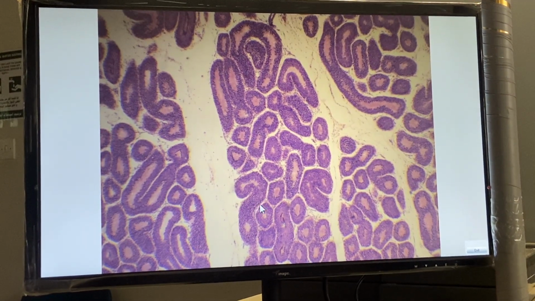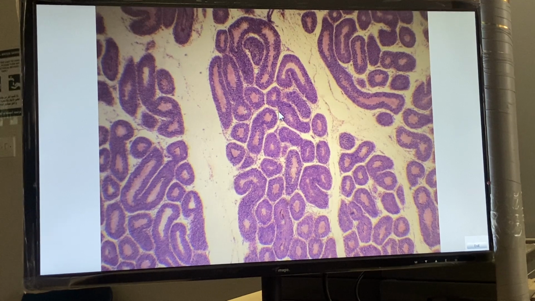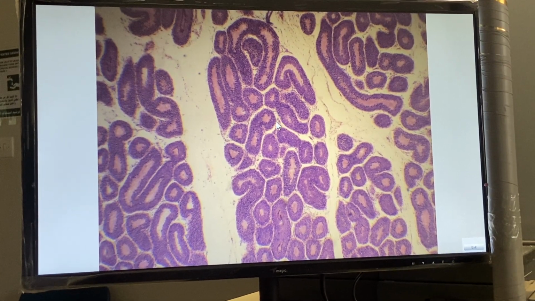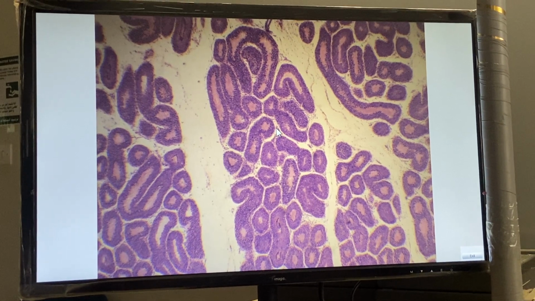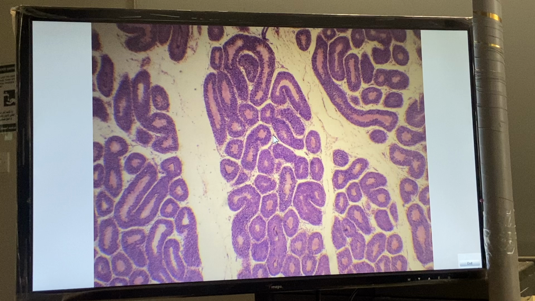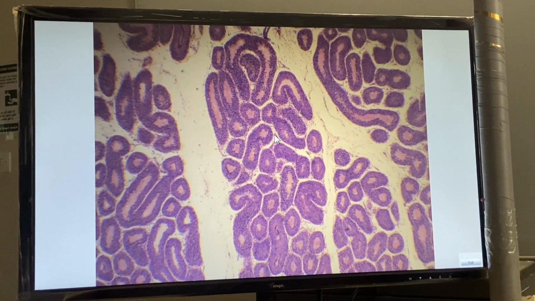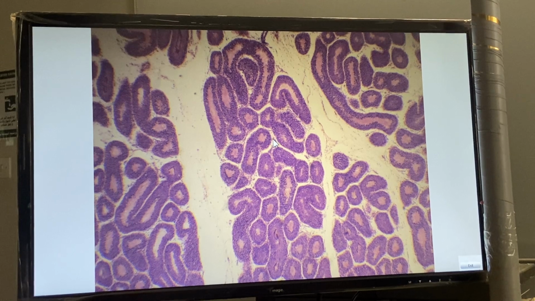Each testis can be divided into testicular lobules. Each lobule has from 250 to 1,000 convoluted tubules called seminiferous tubules.